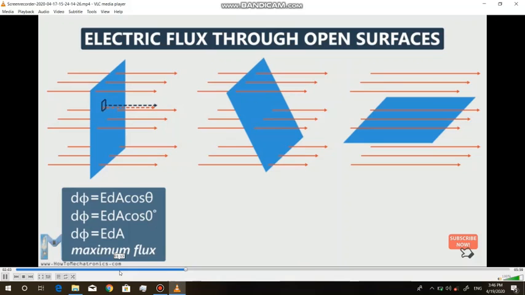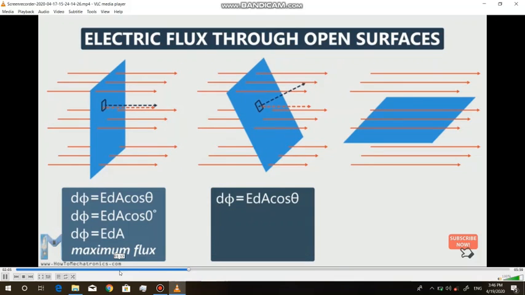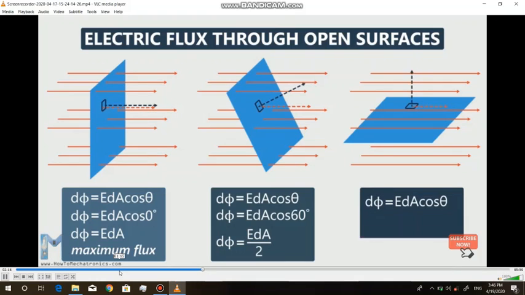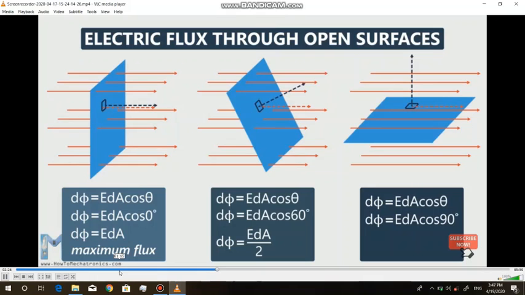In second case, the area vector makes an angle 60 degree with the electric field. Here theta is equal to 60 degree and therefore d phi is equal to EdA by 2. In third case, area vector makes 90 degree to the electric field. Cos 90 is equal to 0 and therefore electric flux is equal to 0.